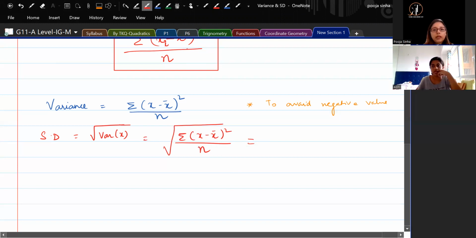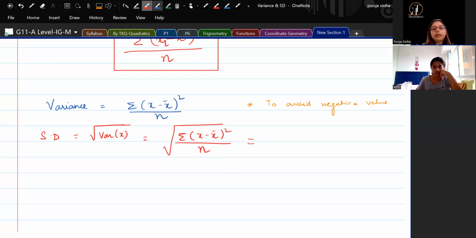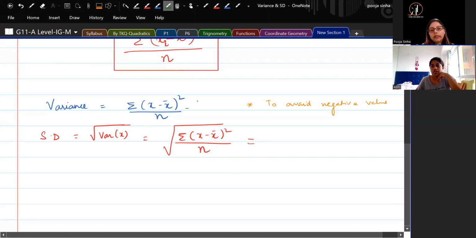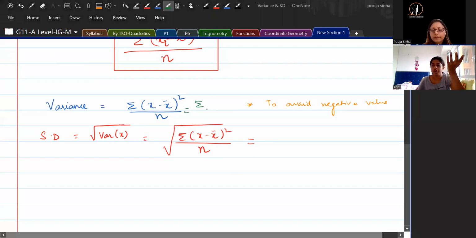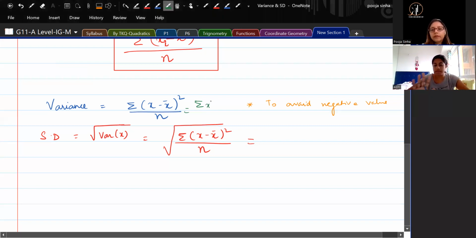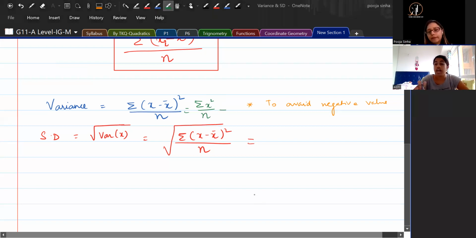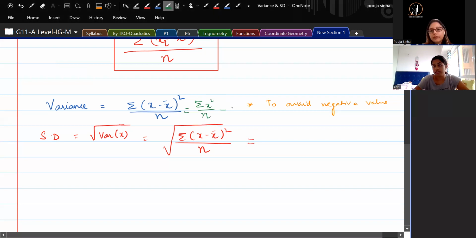How can we write it separately? You could write summation of x square, not the whole square, summation x square divided by n, minus x bar square. And x bar will also be squared?